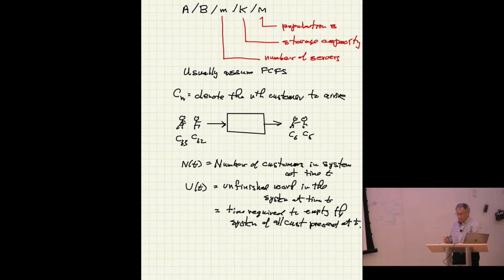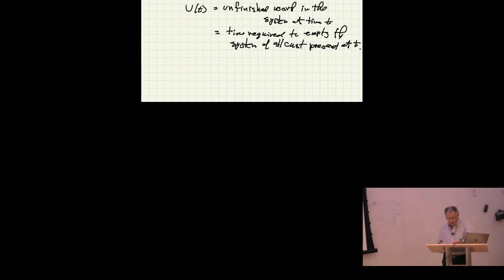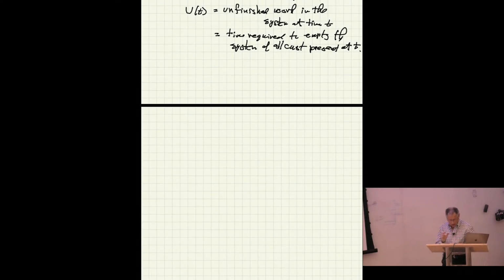So you come in, there's a certain amount of work to be done. I'm asking how much is that work? That's what I call U of t. It's the unfinished work in the system at the moment. Some people call that basically the virtual waiting time. We'll explain why and why that's not an especially good name.